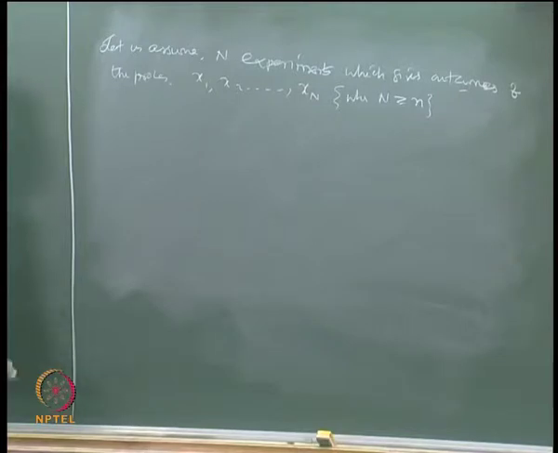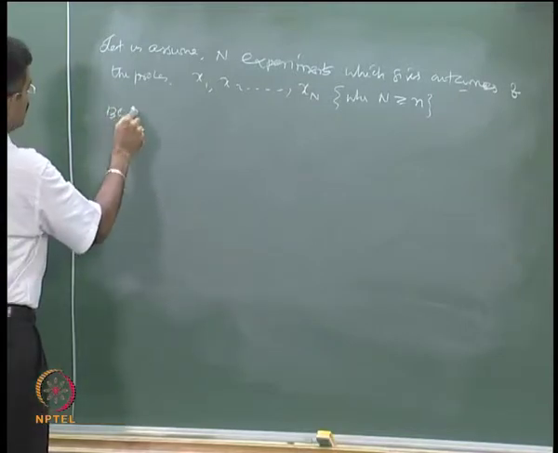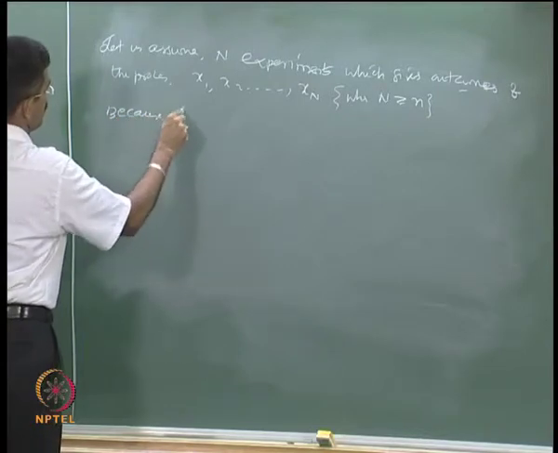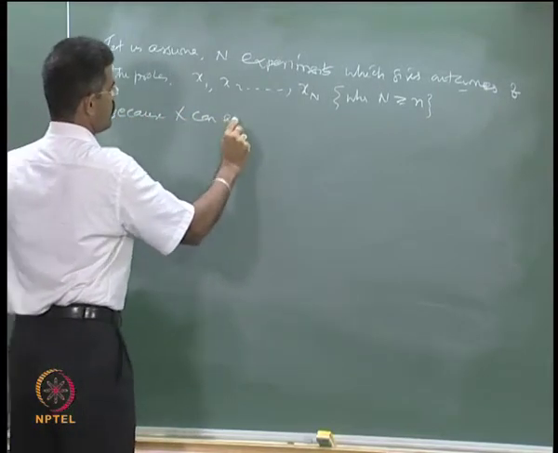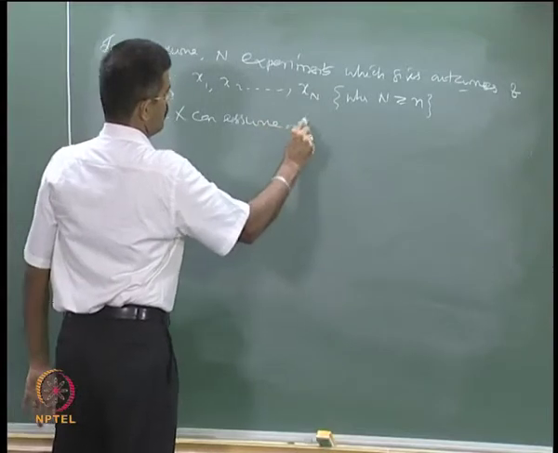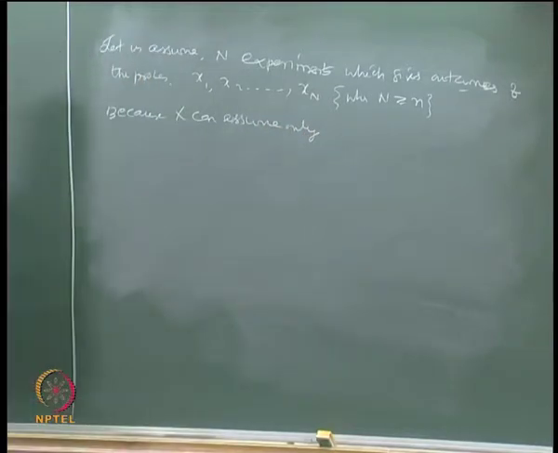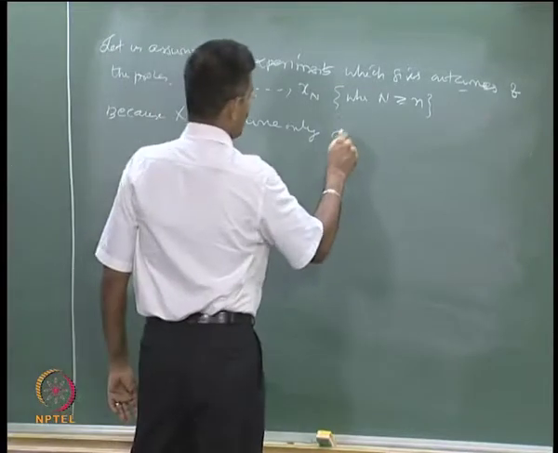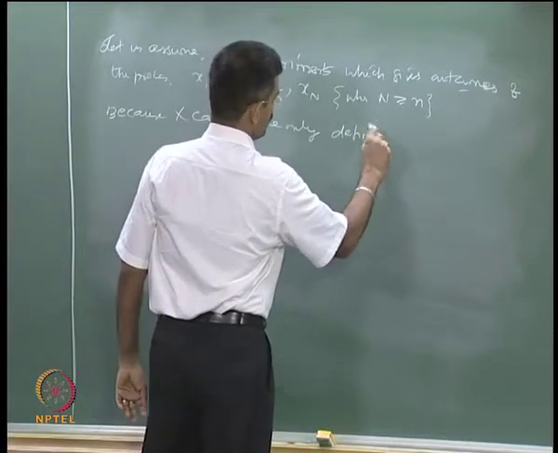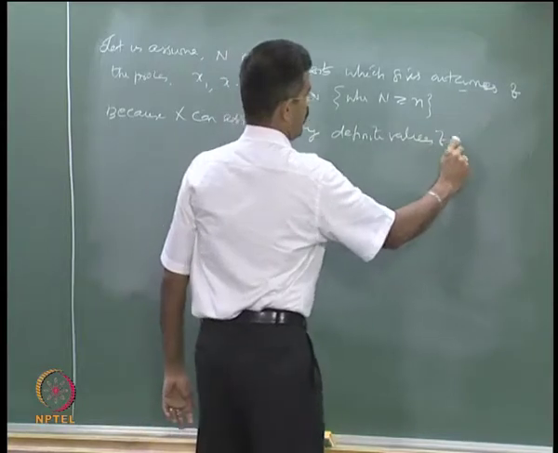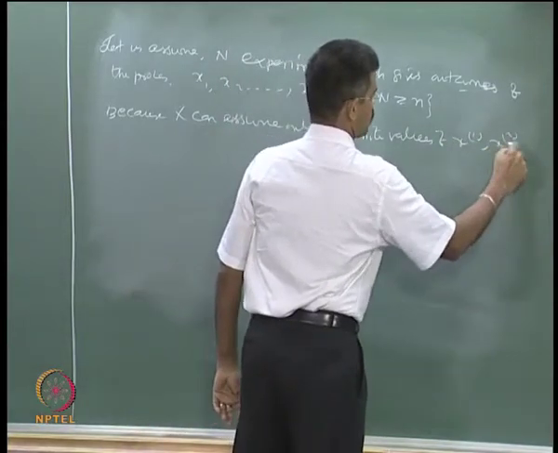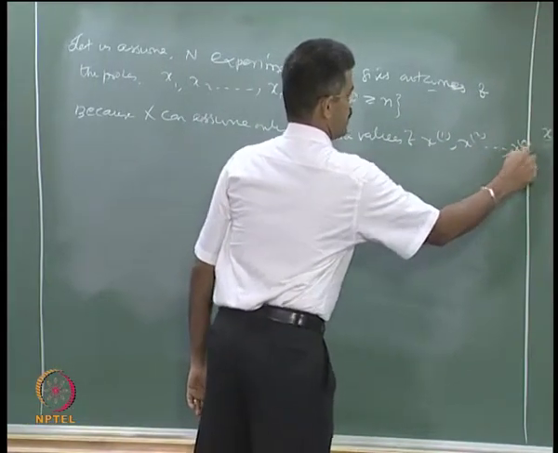Now there is a problem here, because x can assume only definite values of x1, x2, xn.